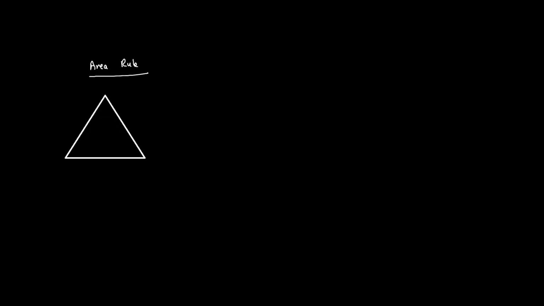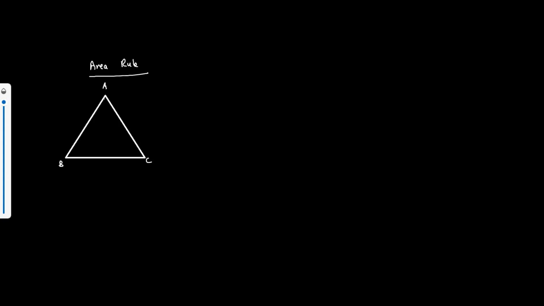But back to the point, we are on the area rule, and of course, we have to calculate area. So again, let's say we have a triangle, triangle ABC. Whether you are working with the sine rule, the cosine rule or the area rule, my step number one is always to label the sides according to variables.